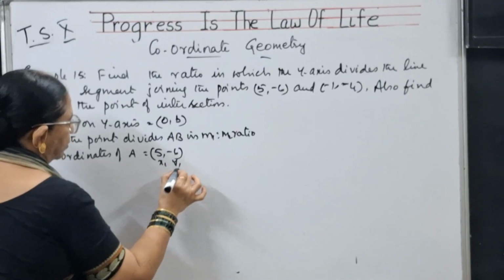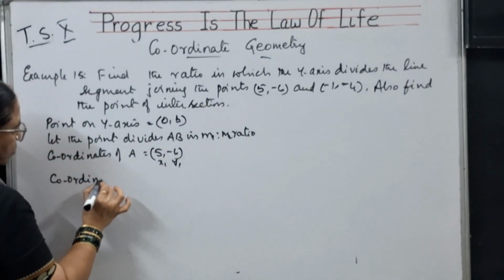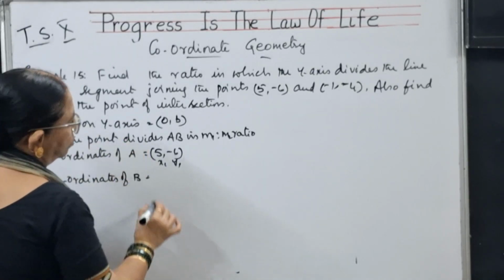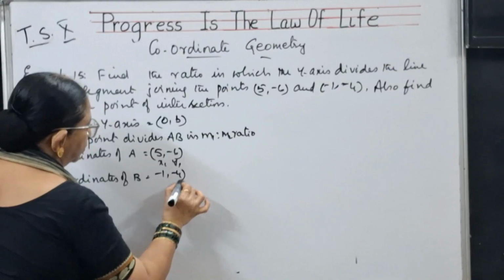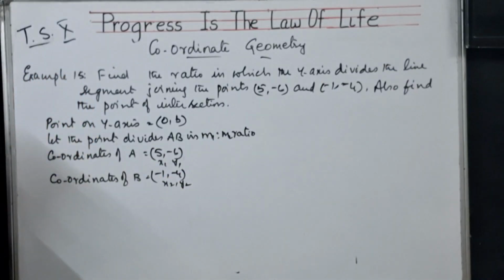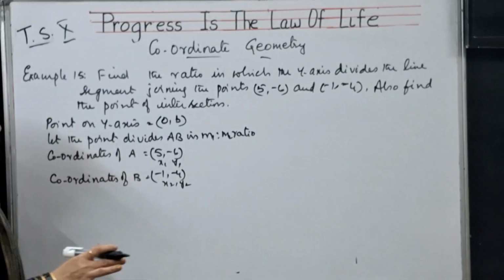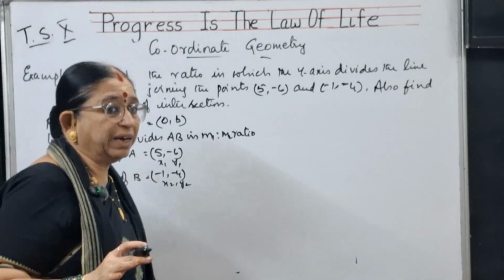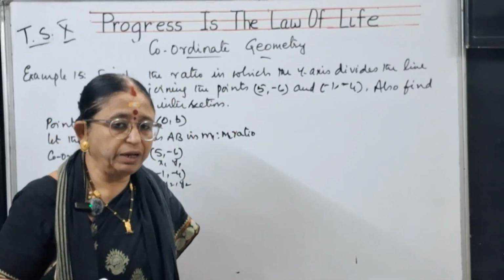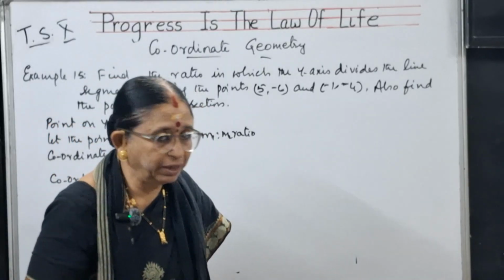Consider it as x1 and y1, and coordinates of B is equal to minus 1 comma minus 4. It is x2 comma y2. Okay. Now again, which formula we have to use? Children, for the earlier problem, we have taken x coordinate of P and we have done that to get the value of m1 and m2.